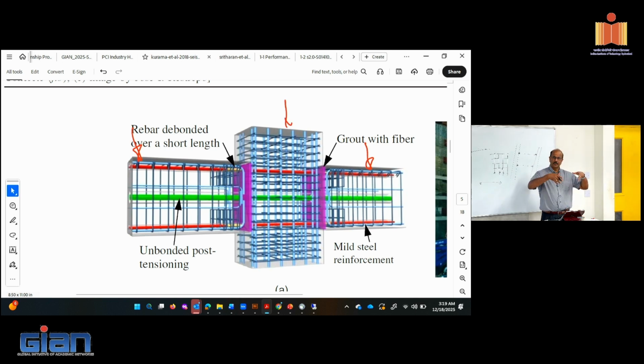So you bring the columns first, temporarily supported, then you drop the beam in place, so they will have a temporary support here, like a steel corbel, which could be attached to the column on both sides. You attach it to the column and you support the beam. There are two sets of elements used to connect the system together. One is unbonded post-tensioning. The unbonded post-tensioning is applied just like the Japanese do, except that the post-tensioning is unbonded.